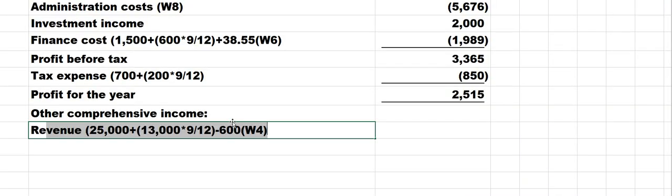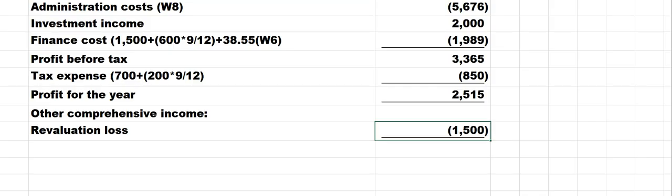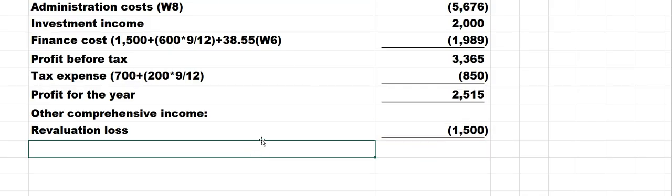So I'll say revaluation loss. However, if it was a first time revaluation, then it would go to the P&L up there. But this is a revaluation loss attributed to intangible assets, and these intangible assets have a revaluation surplus accumulated in equity. So there is a reversal of revaluation surpluses, so this loss will be taken to the OCI.